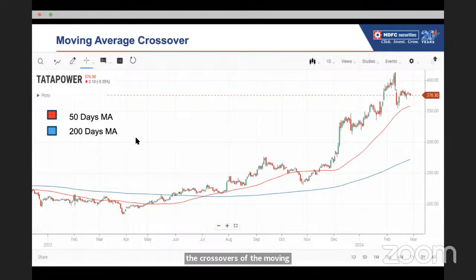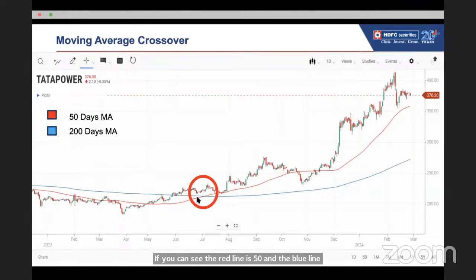Let's see an example. Okay, so here as the smaller moving average I have taken the 50 moving average, or 50 DMA, because the time frame is 1 day. And the bigger moving average is 200 over here. All right, so if you can see, the red line is 50 and the blue line is 200.